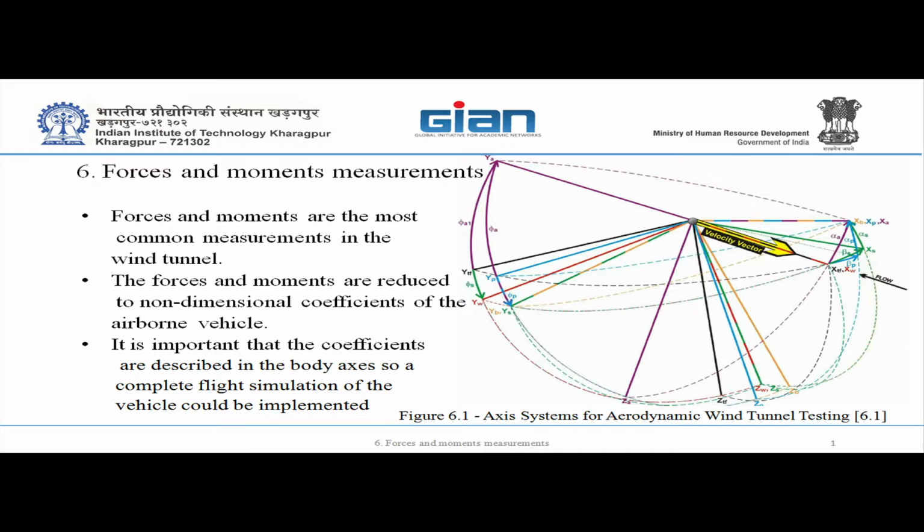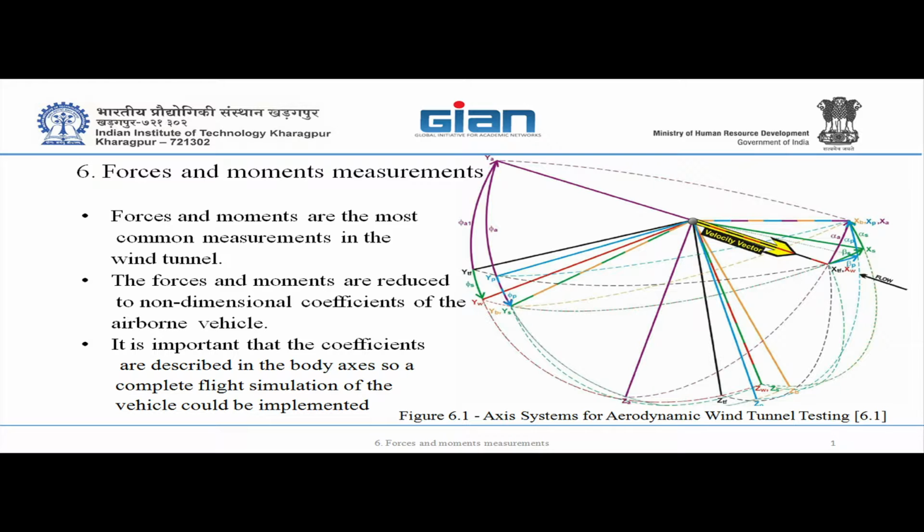And finally, when you implement your coefficients, they should be expressed in body axes, because you are going to use them in the vehicle. You're going to use your coefficients to see how efficient your vehicle is first, and then you may need to feed them to your control loops. So they have to be expressed in body model axes.